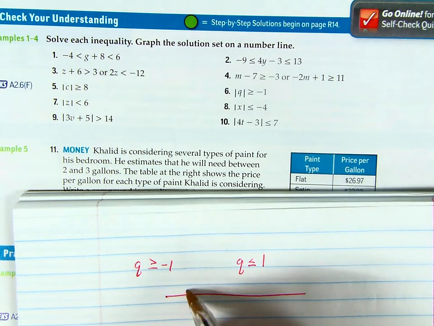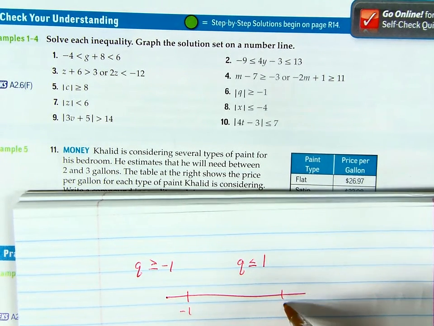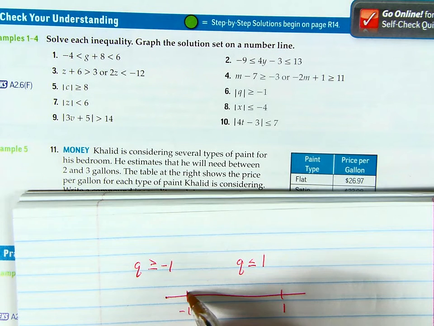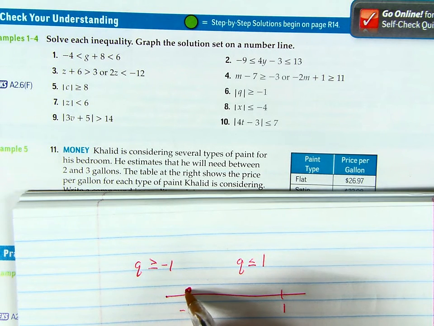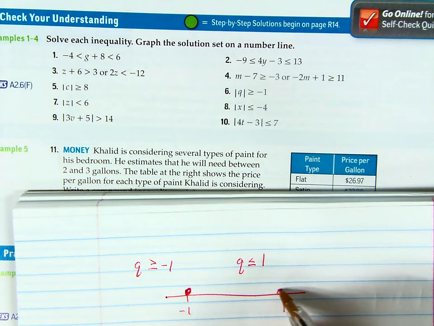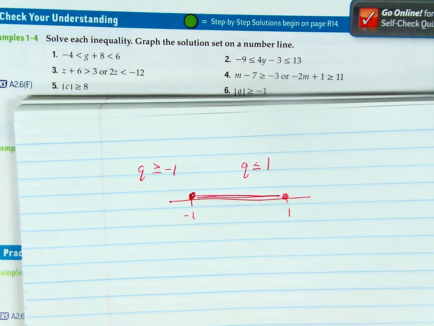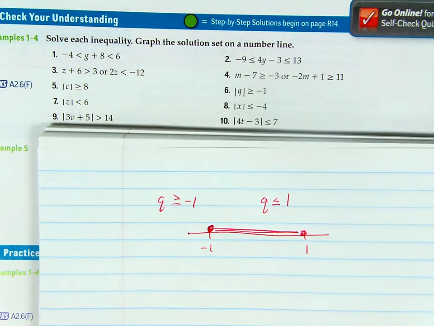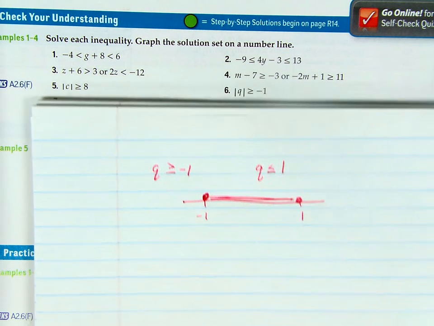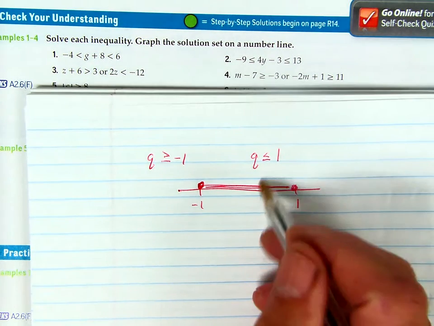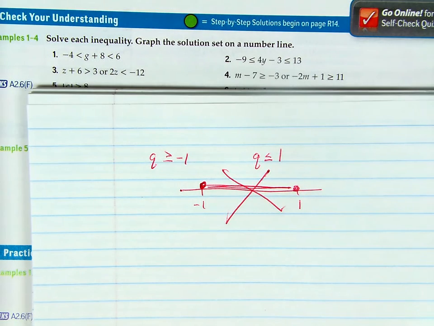And so you would have gone negative 1, positive 1, greater than or equal to, less than, you would have done it like this. This is incorrect, number 6.